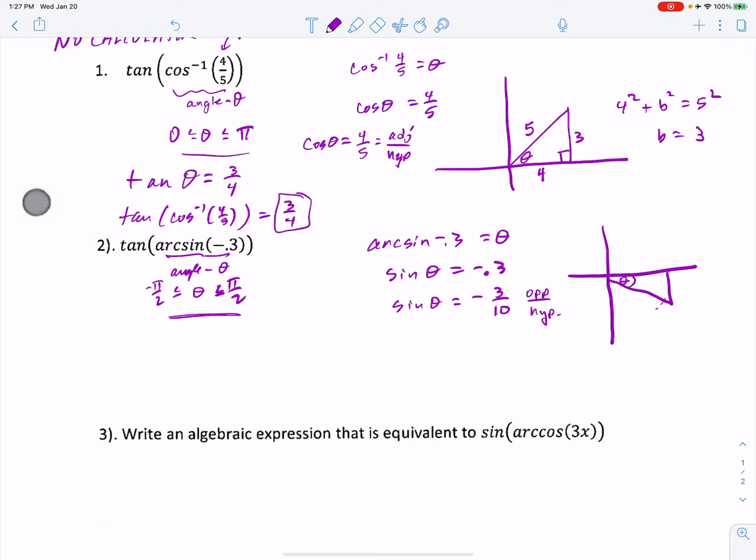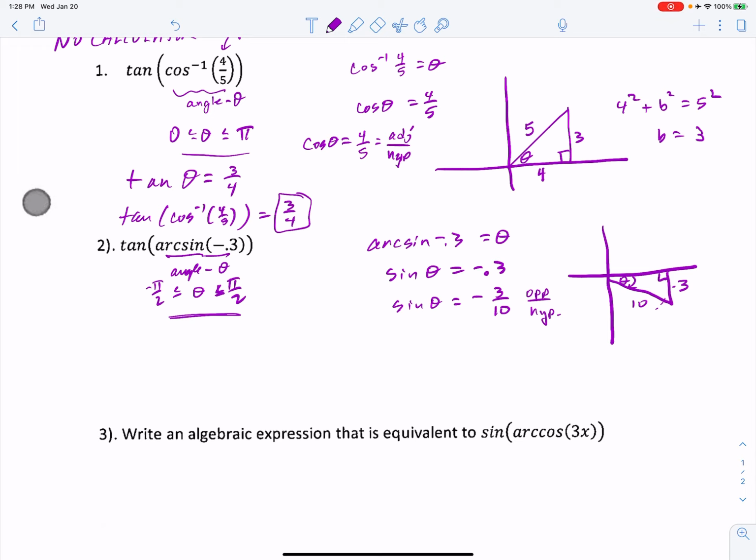So here's my theta, and we're rotating clockwise. And so if I set that up, and there's my theta, the opposite side is 3 and the hypotenuse is 10. And I can think of that side as being negative in terms of the y-coordinate would be negative in quadrant 4. And then I need to find the tangent.